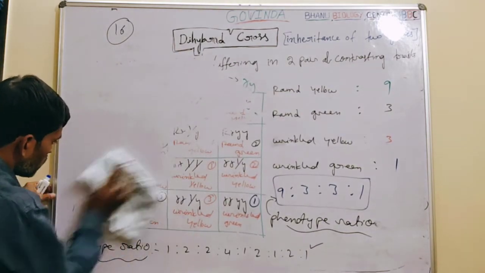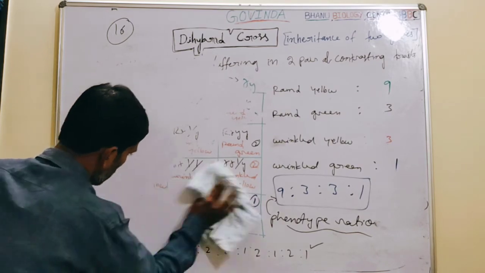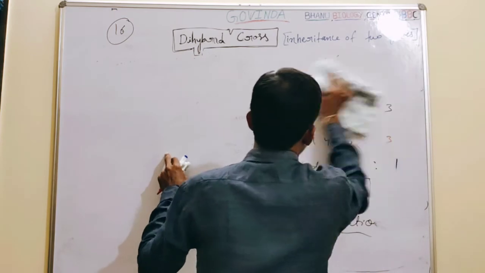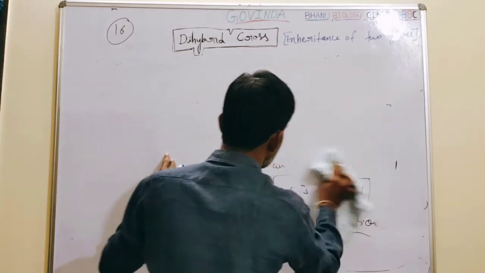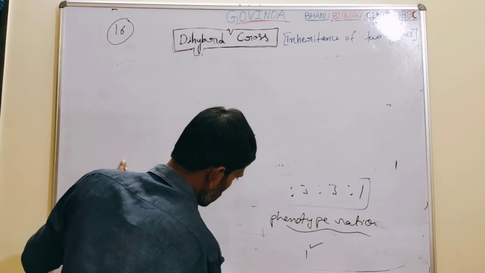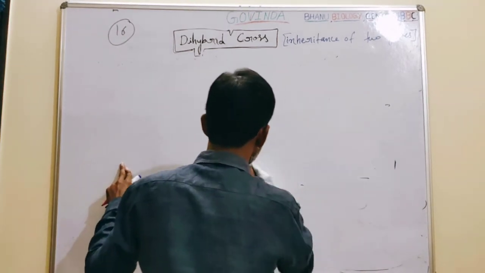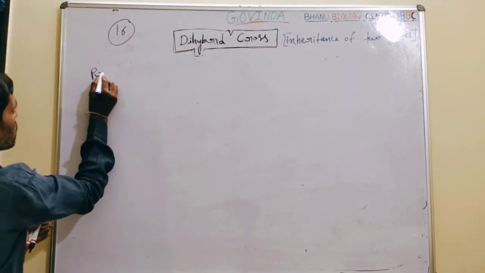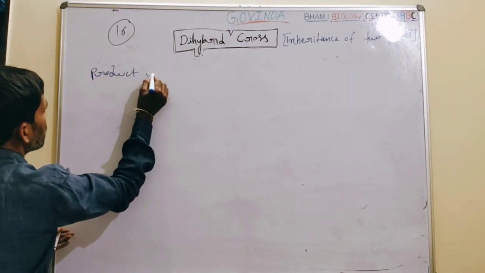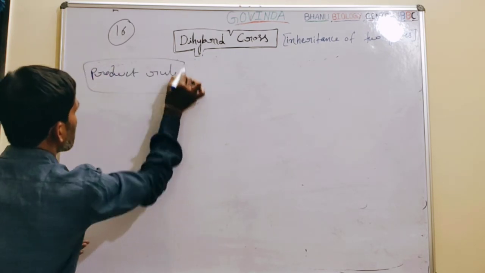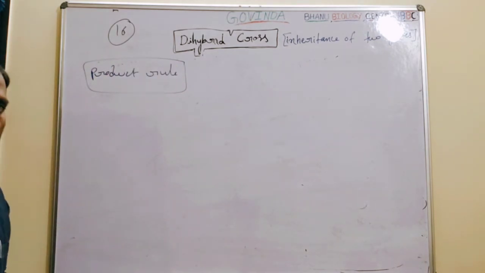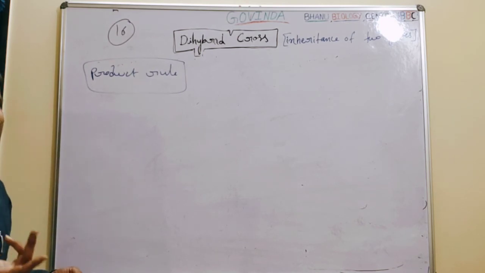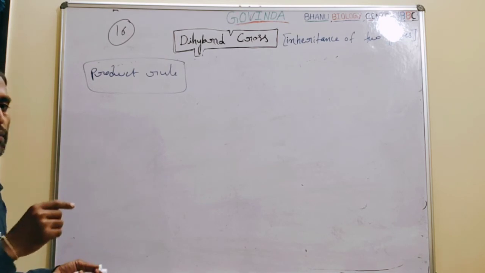Next, the conclusion of dihybrid cross. Generally here the product rule can be applied, right? Product rule can be applied for getting the phenotype ratio. What is product rule? By multiplying monohybrid cross phenotype ratios, we can get the phenotype ratio of dihybrid cross.